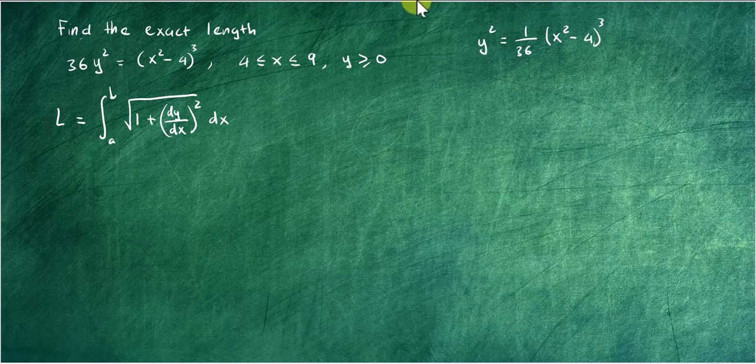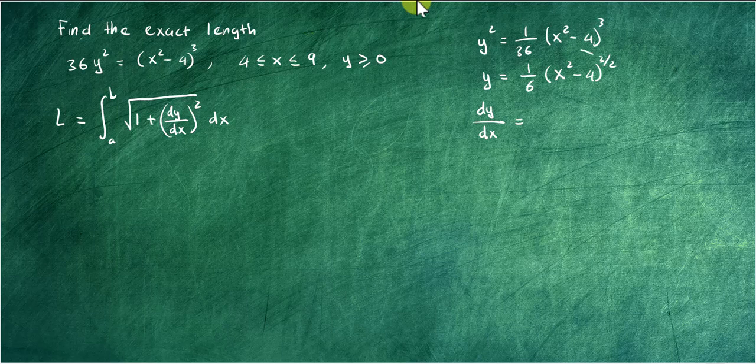And given the fact that y is bigger than or equal to 0, we can take the square root of that. 1 over 36 becomes 1 over 6, and the other term will have the power 3/2 because we take the square root. Now we can find dy/dx from this step, and you can apply the power rule.